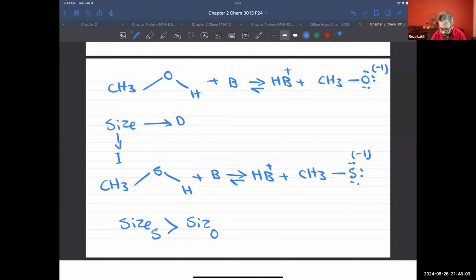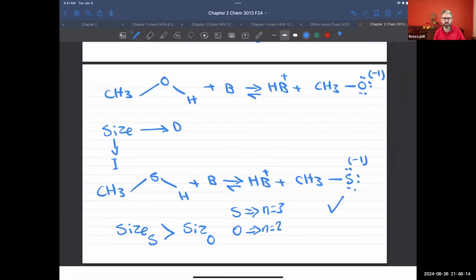Sulfur belongs to N equal 3, the third period. Oxygen belongs to N equal 2, the second period. What does it mean? It means this one is more capable of handling the negative charge. So this is going to be a stronger acid. The pKa for the top one is around 15.7, and this one is 10.4.